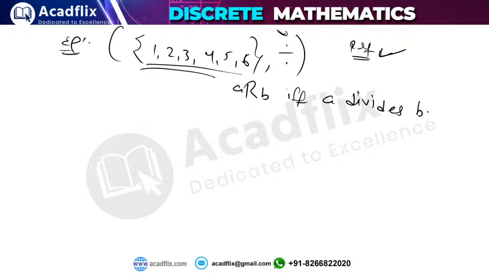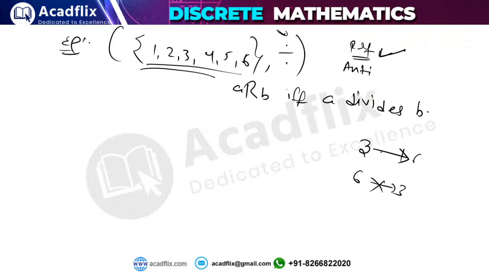So this is reflexive because every element divides itself. This is anti-symmetric also, because let's assume you have two different elements, 3 and 6. If 3 divides 6, you know that 6 cannot divide 3.